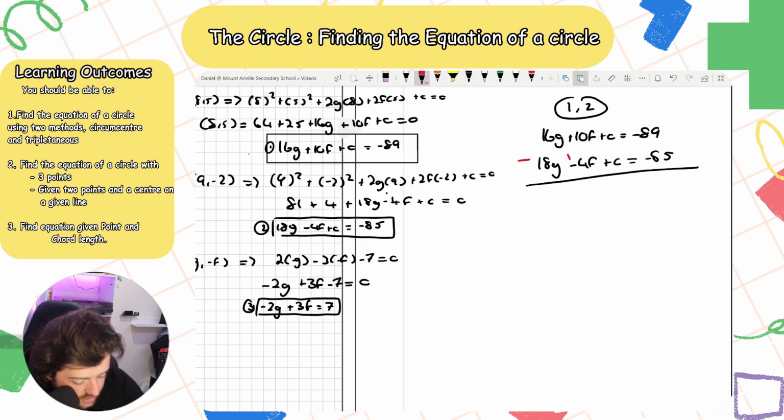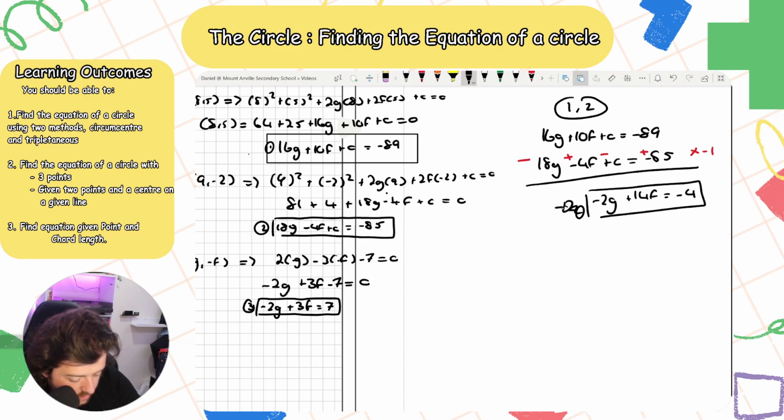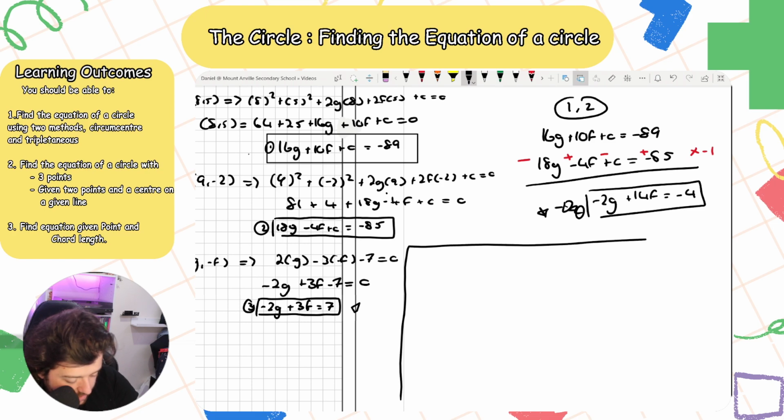So that's minus, plus, minus, plus. Multiplied by -1 here, I have -2g plus 14f is equal to -4.